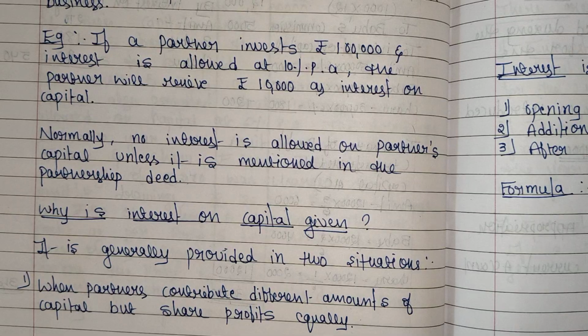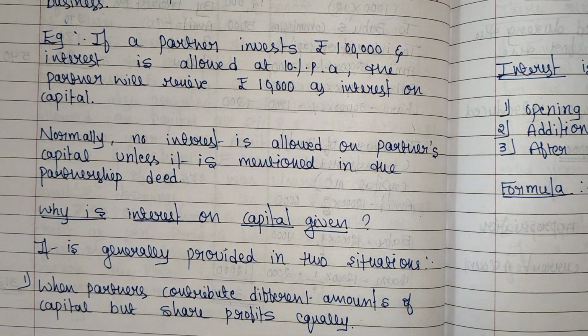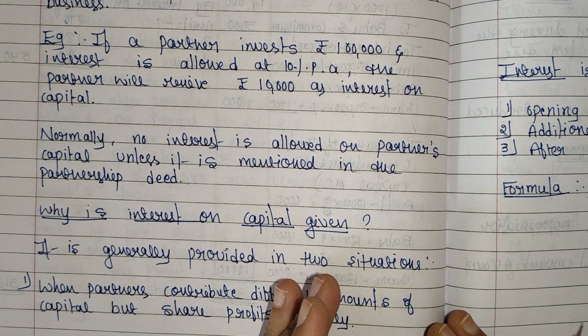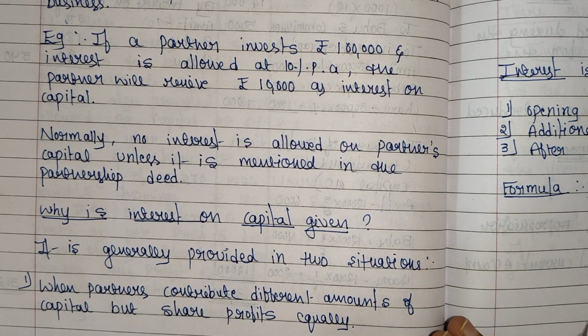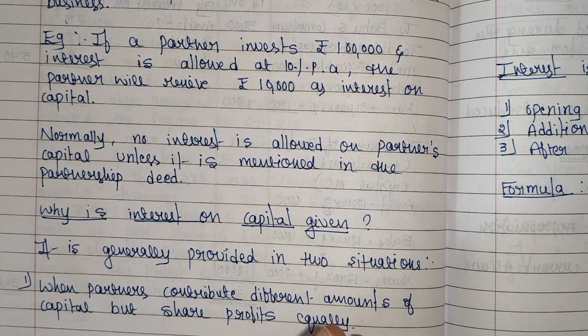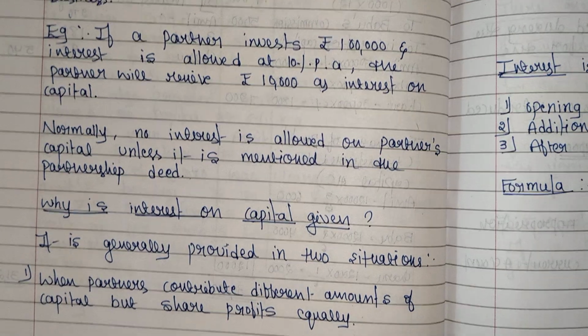If there is no agreement in the partnership deed, partners will not get interest on capital. According to the Partnership Act, no interest on capital is allowed unless it is expressly agreed by the partners. Till here it is clear, right?